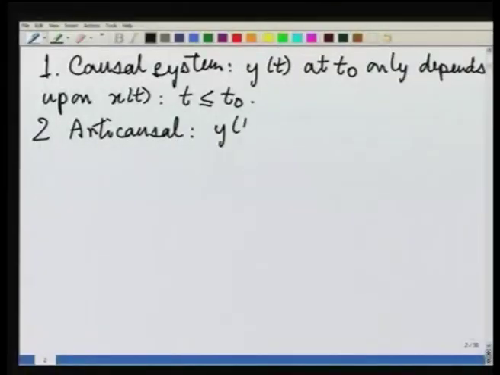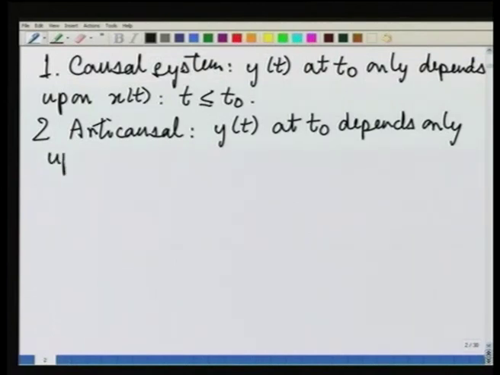So, we would define this as saying y(t) at t naught depends only upon x(t) for t greater than t naught. So, an anti-causal system and a causal system are in some sense opposites of each other.